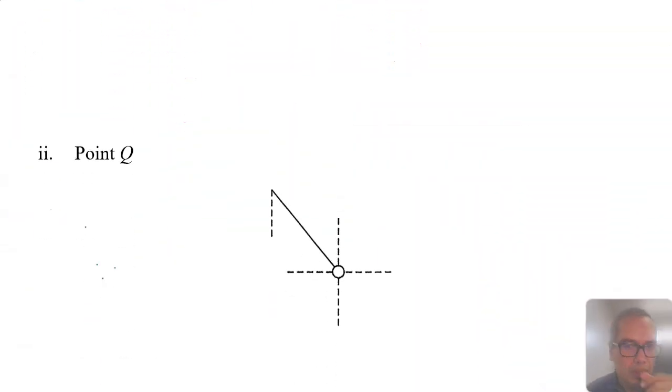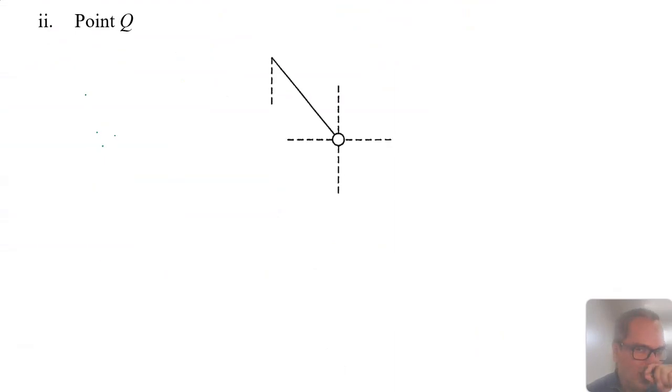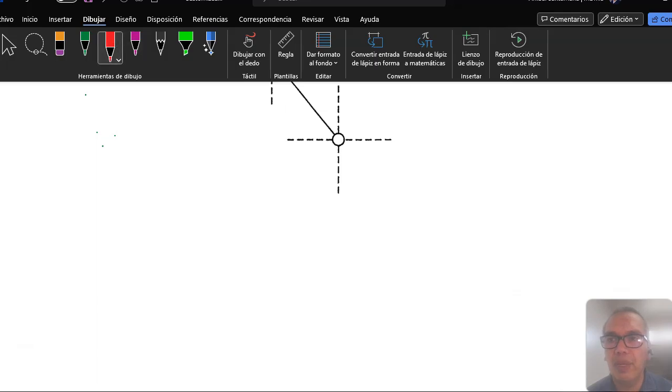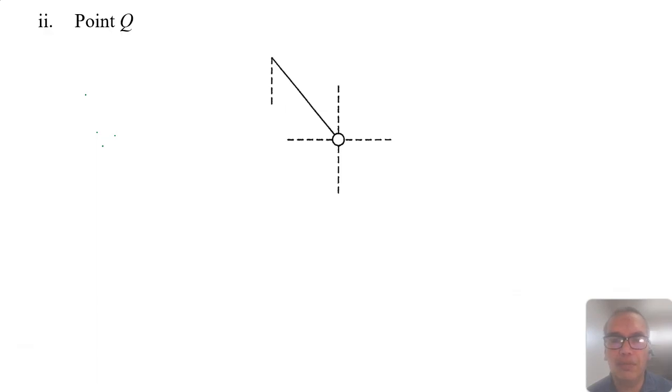What happens at point Q, which is one of the endpoints where the ball momentarily stops? At point Q, it is important to see that this ball has just stopped moving to the right, and it is barely starting to move to the left.